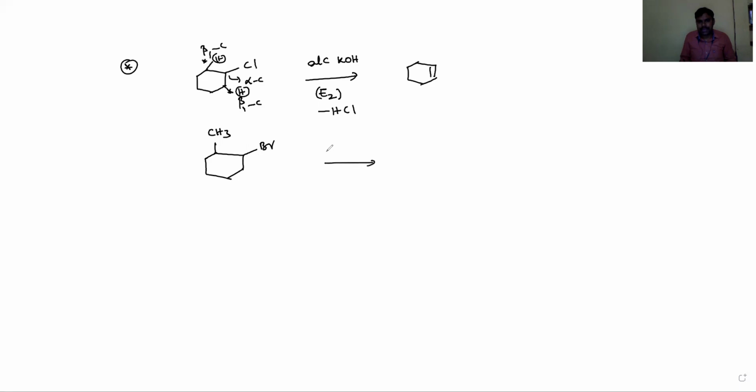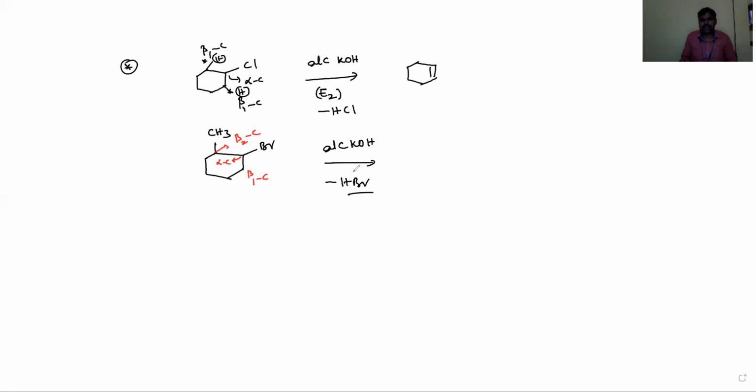If it is treated with alcoholic KOH, what is the product, they will ask. The reaction undergoes dehydrobromination, then the major product. Here two types of beta carbons are present, dear students. This is the alpha carbon, this is beta 1 carbon, and this is beta 2 carbon.